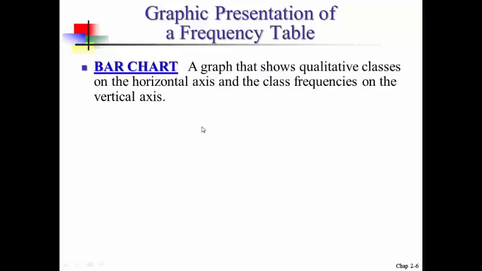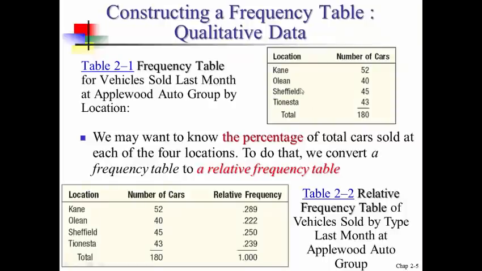Okay, maybe you can ask me, what are qualitative classes? What is class frequency? Go back to this one. These are the qualitative classes. There are 4 locations, 4 dealers, or 4 classes of dealers. This is the frequency.